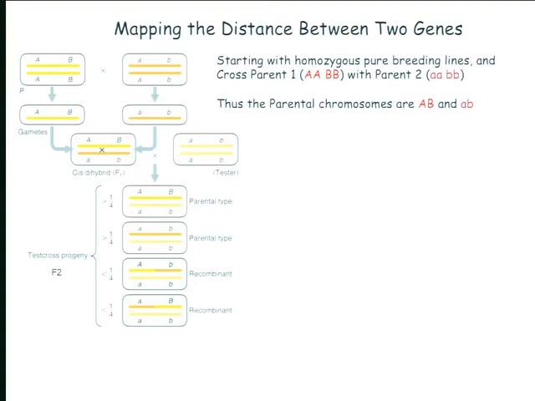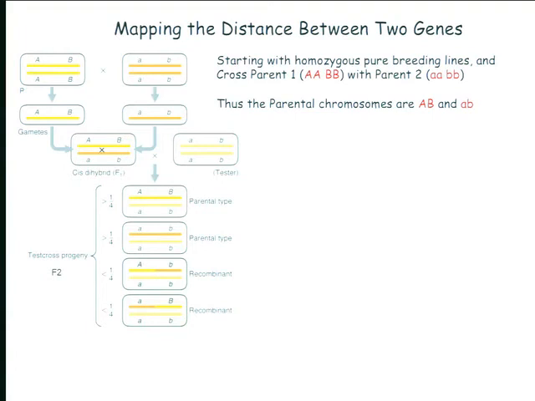So let's map the distance between gene A and gene B on a chromosome. In order to do this, we'll start with 2 parents, 2 pure breeding lines. One parent is homozygous dominant for locus A, homozygous dominant for locus B. We cross that to our tester, which is homozygous recessive at both of those loci. So there's only one possible arrangement of gametes that can come from each one.